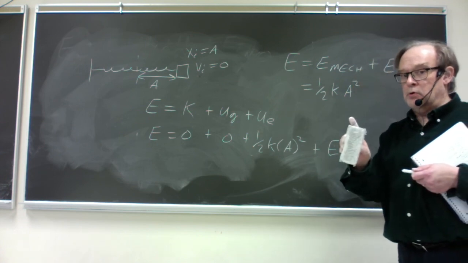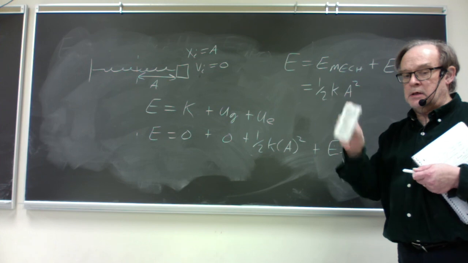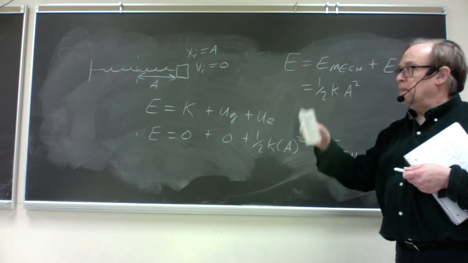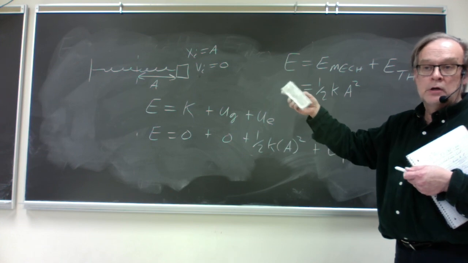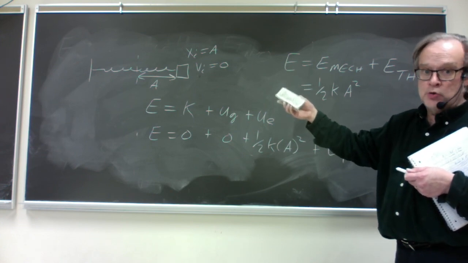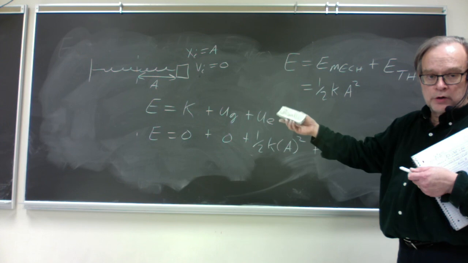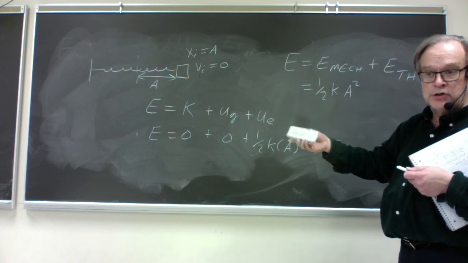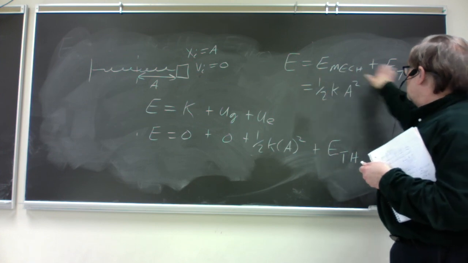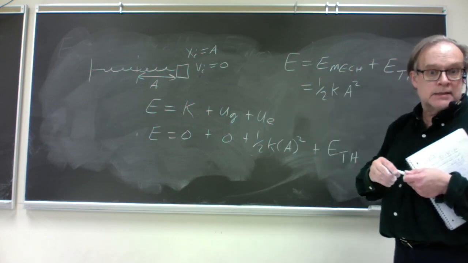Now, remember, for this case, since my pulling force is no longer there, there are no longer any external forces doing work. No work is done by external forces, so there is no change in the system's total energy. In other words, the system's total energy stays constant.